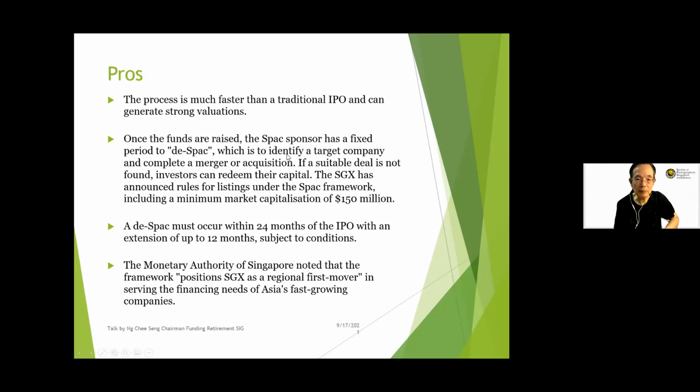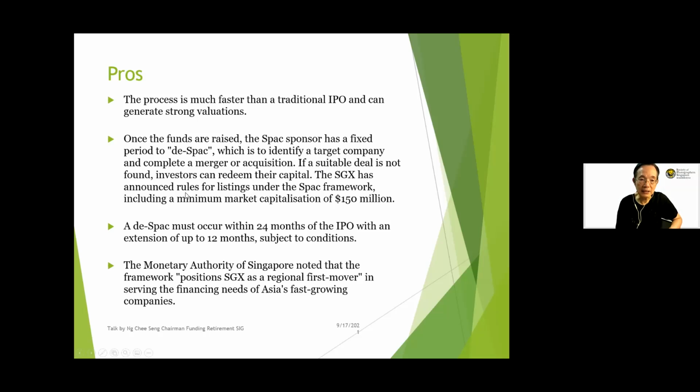So the SPAC sponsor will look for a company. In this case, they look for Property Guru, and they say, okay Property Guru, we value you at so much money, and we would like to take over your business and help you go for IPO. So they will discuss and work out a certain arrangement. If they agree, then they proceed. If a suitable deal is not found, then investors can redeem the capital.